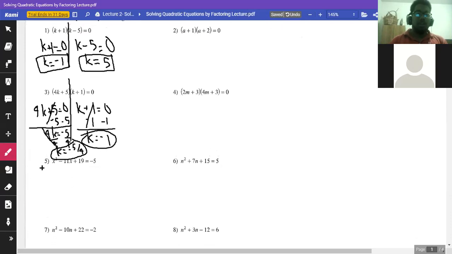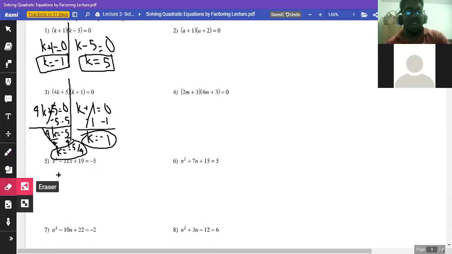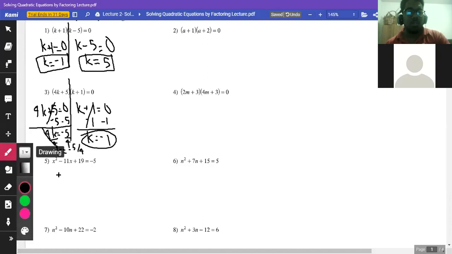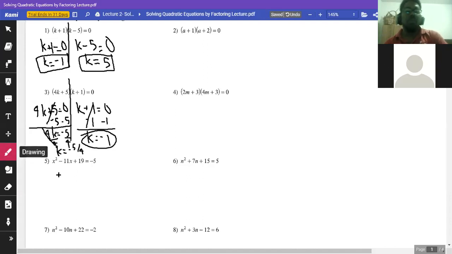All right, but notice that things get a little bit harder when we get to number 5, right? So there are a couple of things that I noticed. First of all, my right side of my equation doesn't say 0 anymore, right? And also, my equation isn't factored yet. So both of those are going to be a problem that I'm going to need to overcome if I want to be able to solve this.